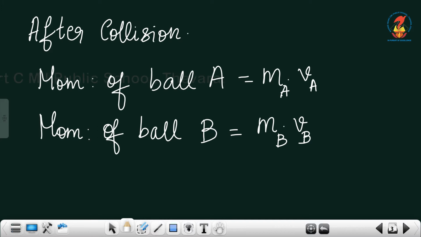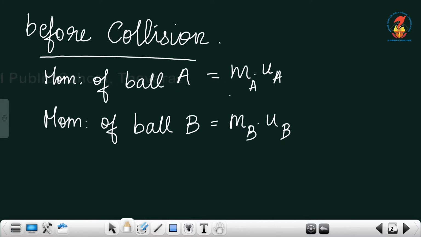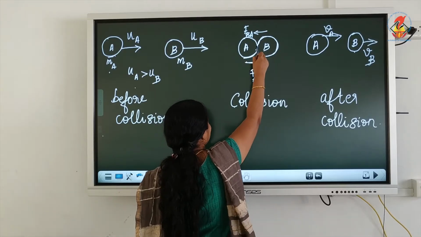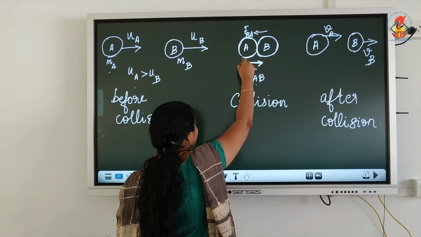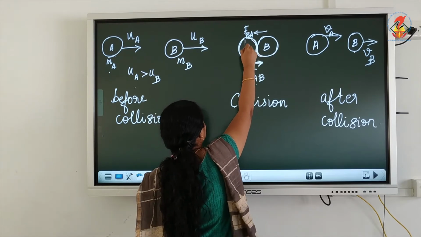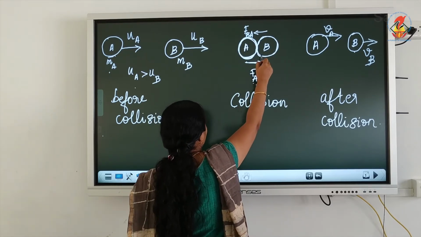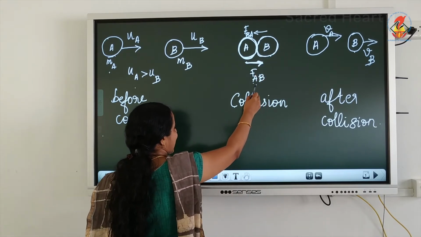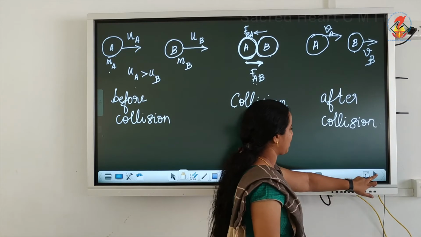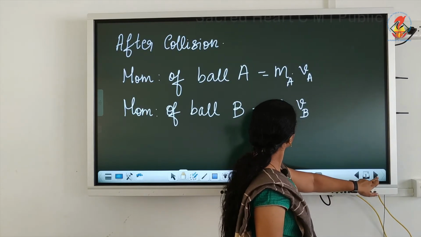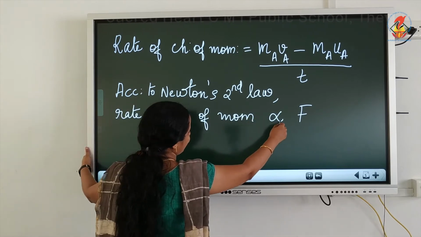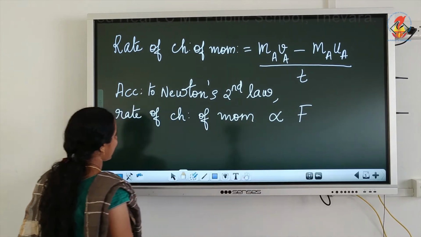So, here the force is, during collision, the ball, we are dealing with ball A now. So, during collision, ball A exerts a force on ball B and the force is FAB. So, according to Newton's second law, rate of change of momentum is proportional to F.